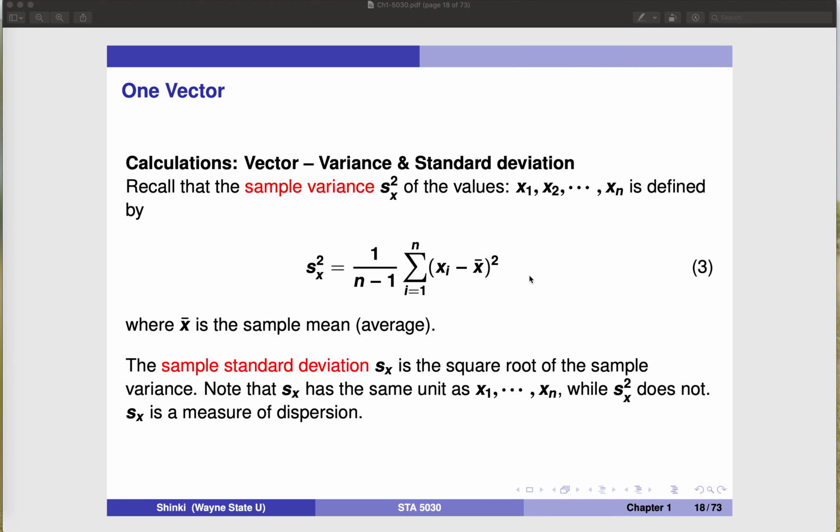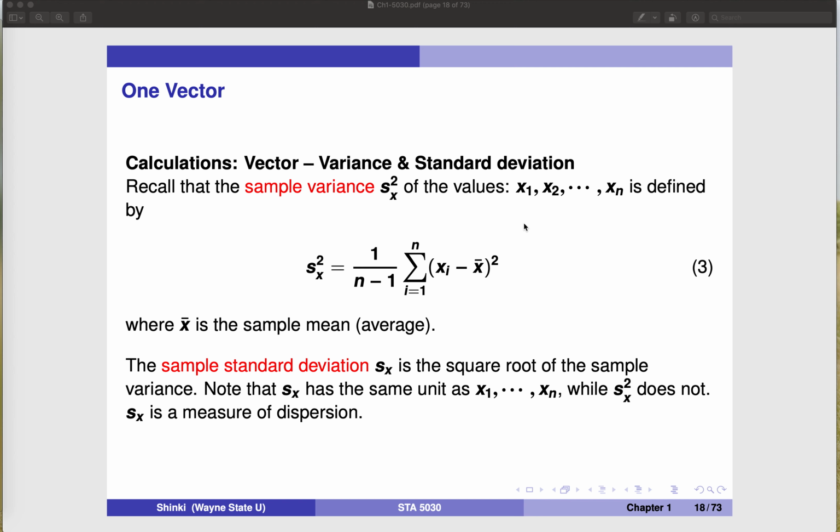And the other reason that we take the square is the future extension. Later, we define the concept of covariance. The covariance is defined for two variables, x and y, for example, how closely related x and y are.